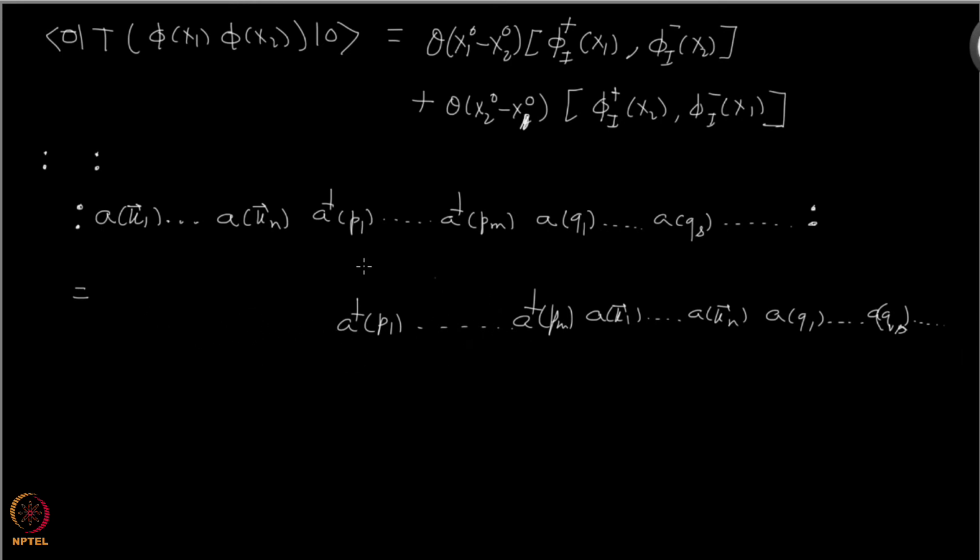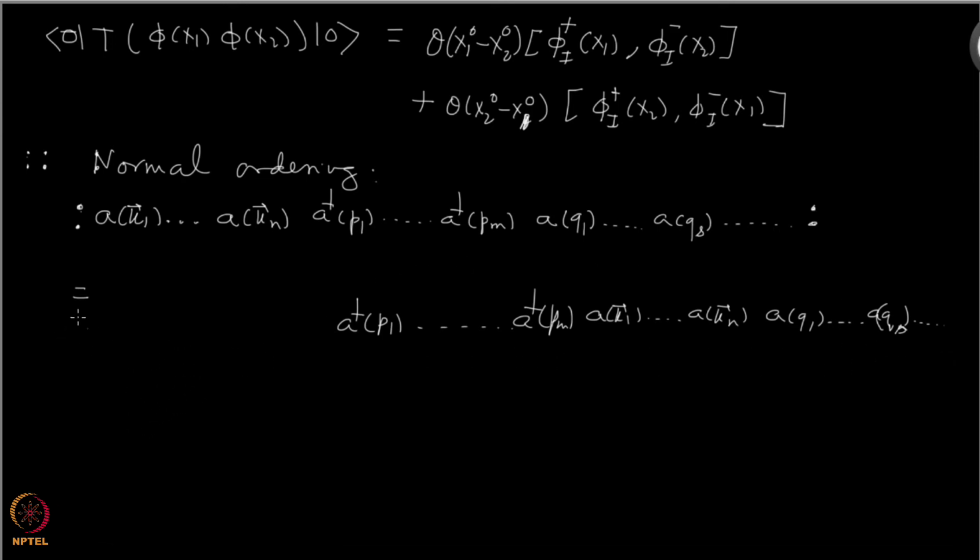Between a daggers the order doesn't matter, because they commute, and between a's the order doesn't matter because they commute. So this is the definition of normal ordering. It just means push all the a's to the right and pull all a daggers to the left. That's what normal ordering means, and this is the symbol. If you put all these operators between two dots, this is what you mean.